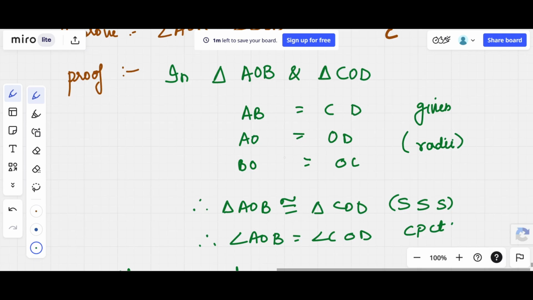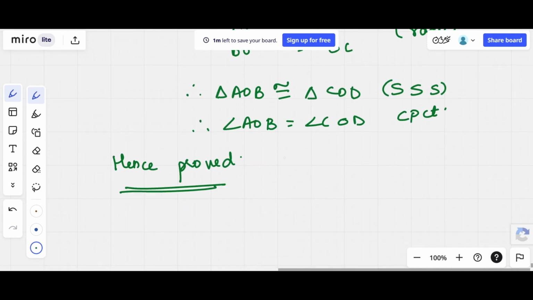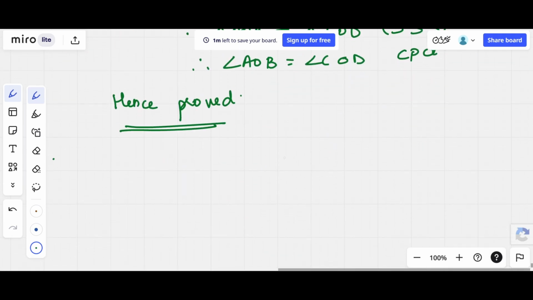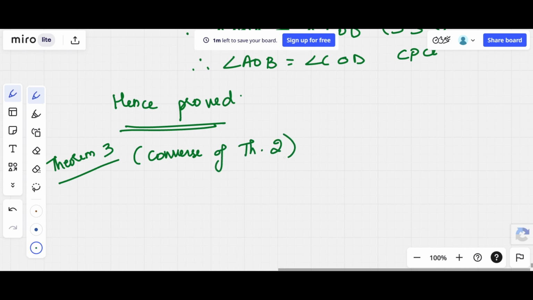So let us do the next theorem, kids. So two theorems over. Next one is the third one. That's also called the converse of theorem 2. Converse means opposite. So the first theorem was equal chords of a circle subtend equal angle at the center.